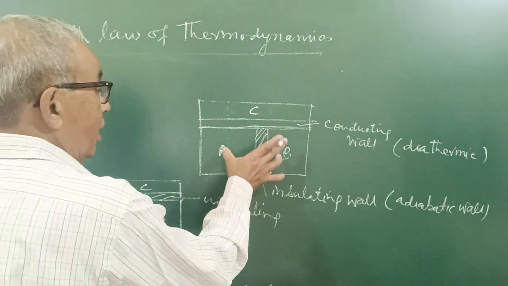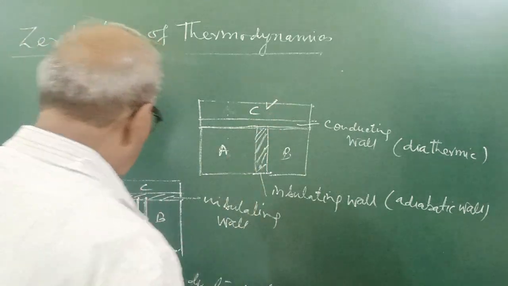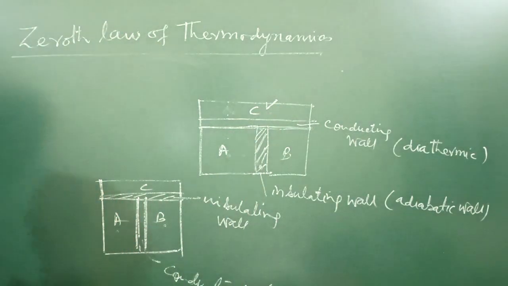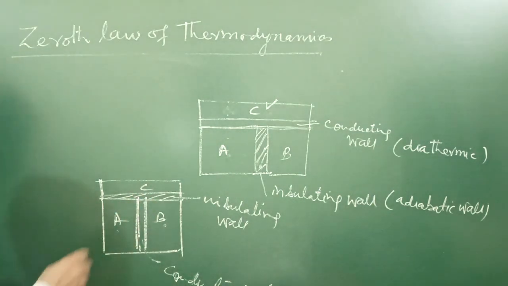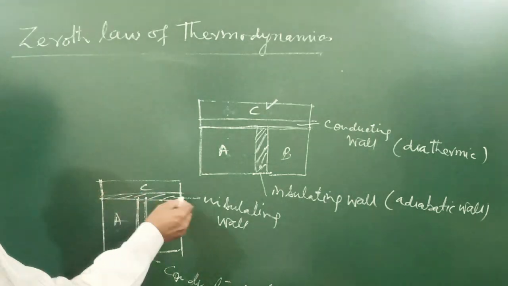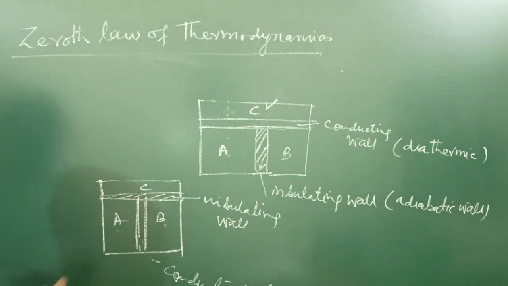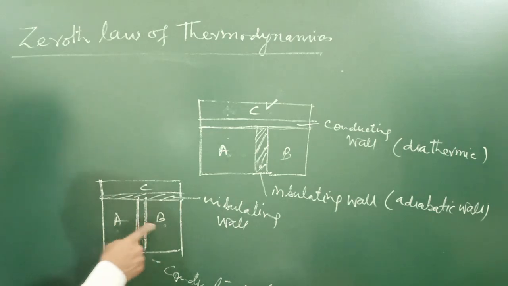Then we say A and B are in thermal equilibrium with C. Now we place A and B separated by a conducting, dithermic wall, and C insulated. Then the variables of state of A and B do not change. It means A and B are also in thermal equilibrium.